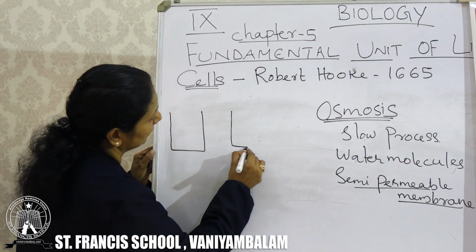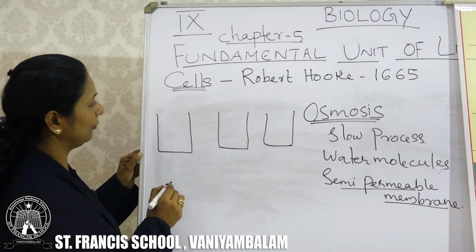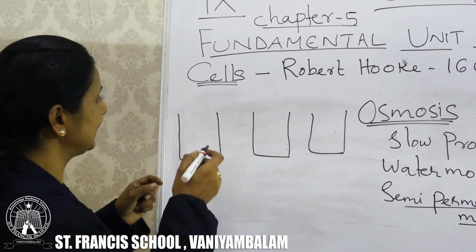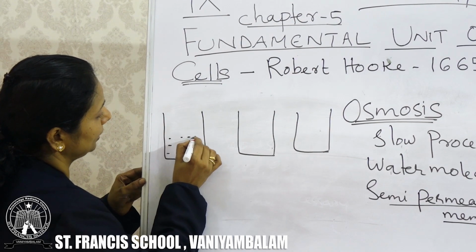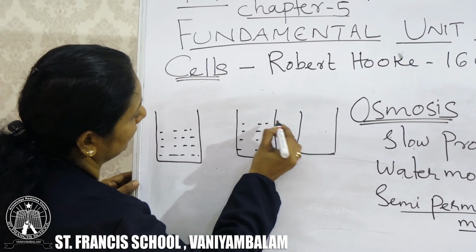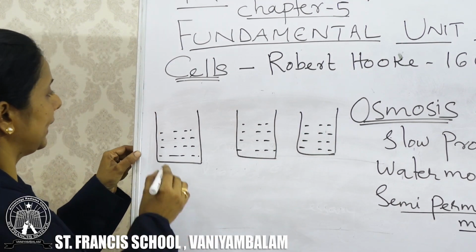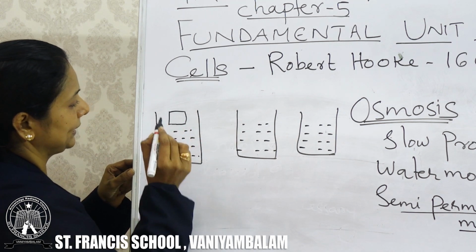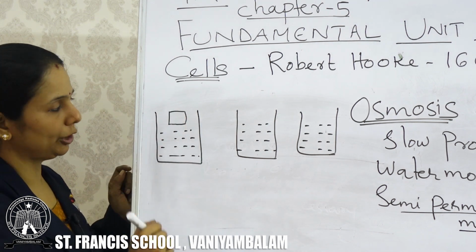We can take 3 glasses filled with water, and we are going to put an animal cell or a plant cell in this. So this is the solution. Here we are going to put an animal or a plant cell. For example, this is the cell. We are going to put it in this water.